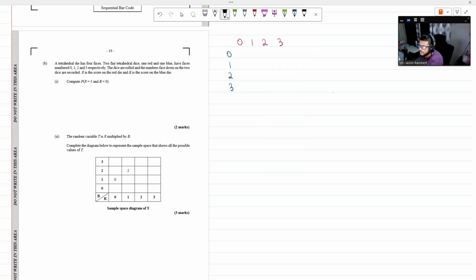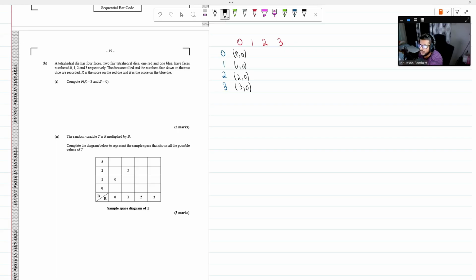So my outcomes going to be 0, 0 on the first red. Lord, I'll have to keep changing colors. All right, so the first number will represent the blue. The second number will represent the red. So 0, 0, blue, red. 1, 0, 2, 0, and 3, 0.